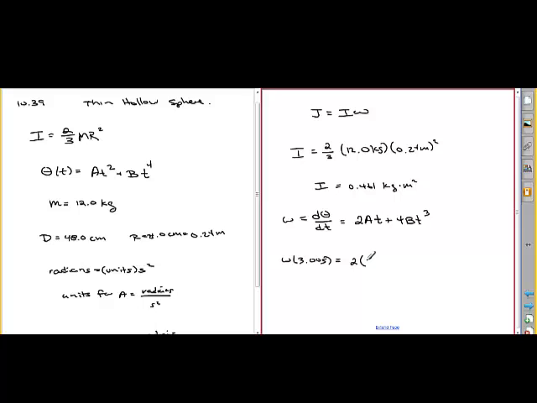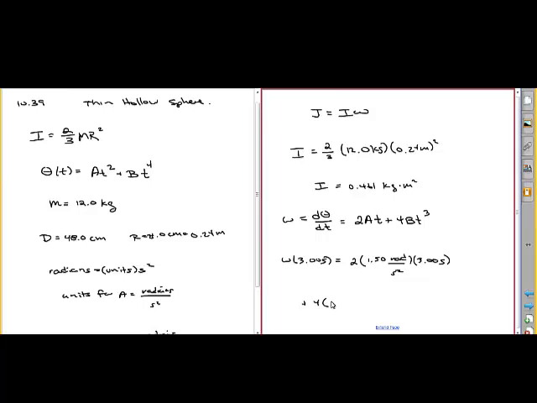we'll get 2 times a, which is, what is a equal to? Okay, it's in the book. It's 1.5. The units for A are radians per second squared. We multiply by 3 seconds, and that'll give us radians per second. So that's good.